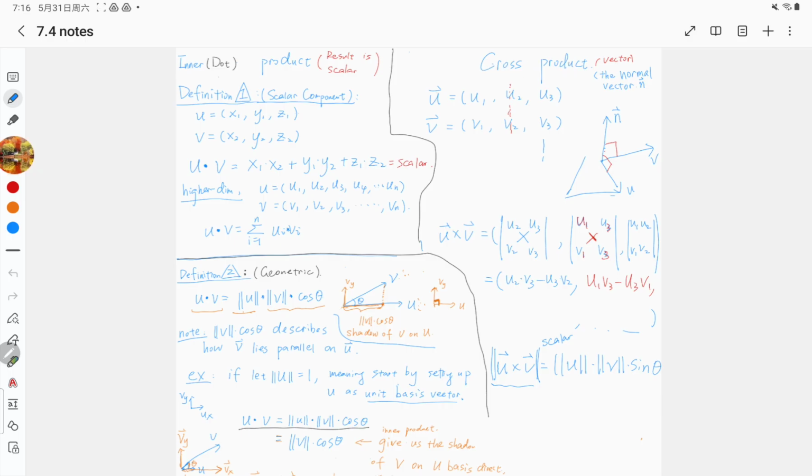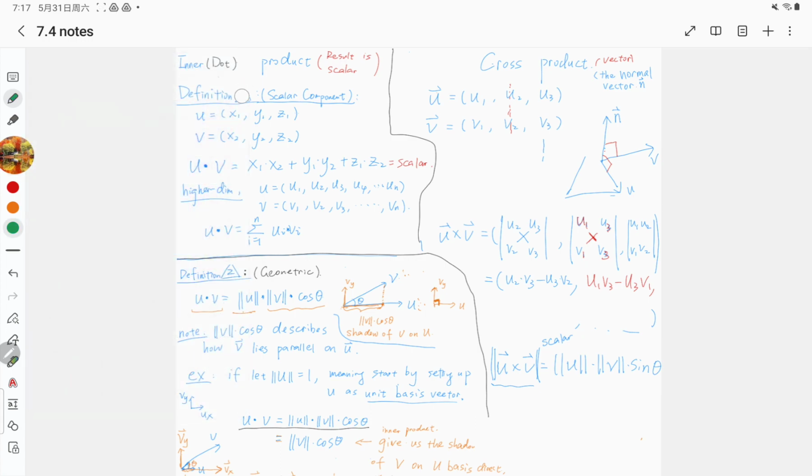So this overview last time would actually cover several lectures' content. So even if you are confused or didn't completely digest the content, that's okay because we're going to come back to these, okay? So still at a higher level, just remember inner product, the result is a scalar, and there are two definitions for inner product.